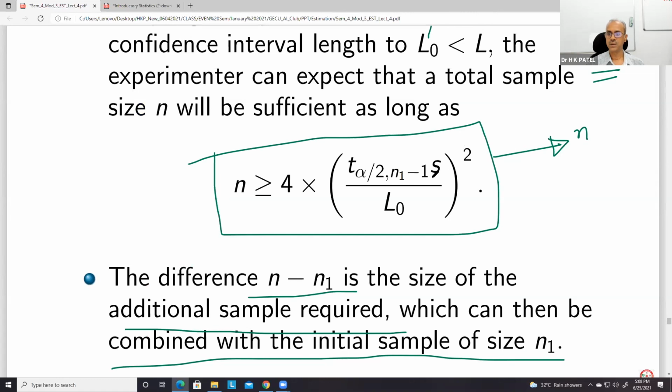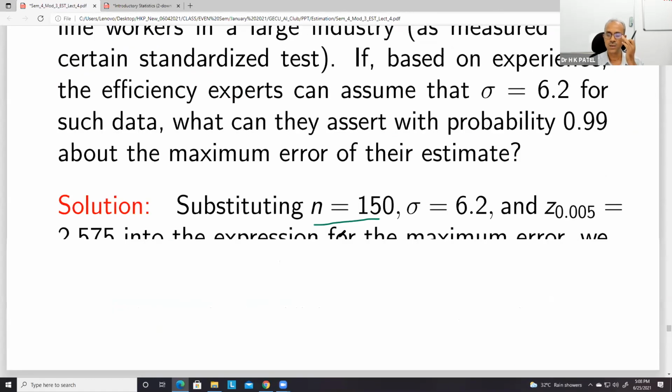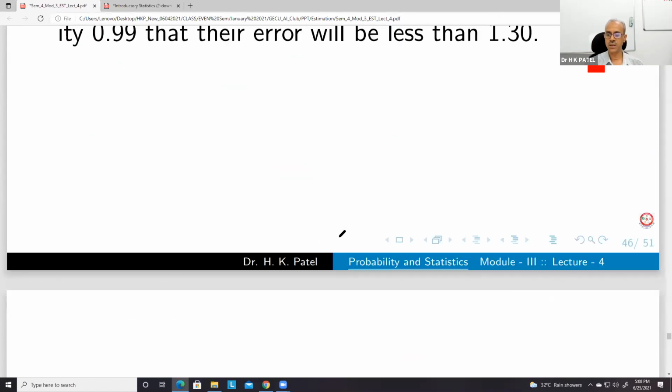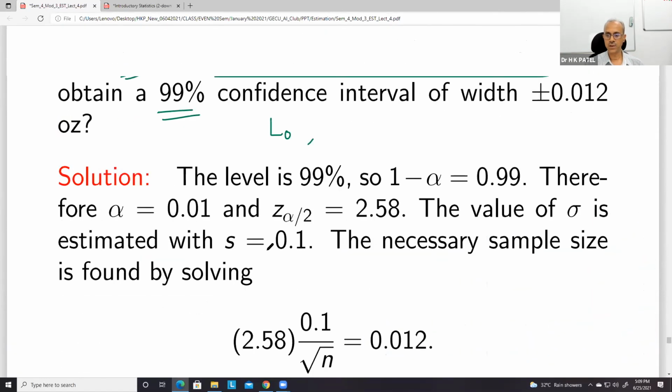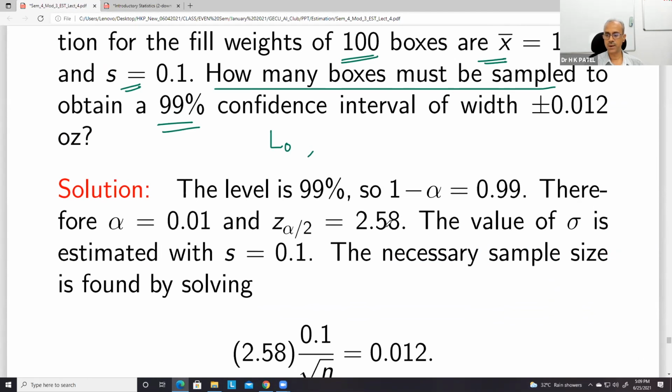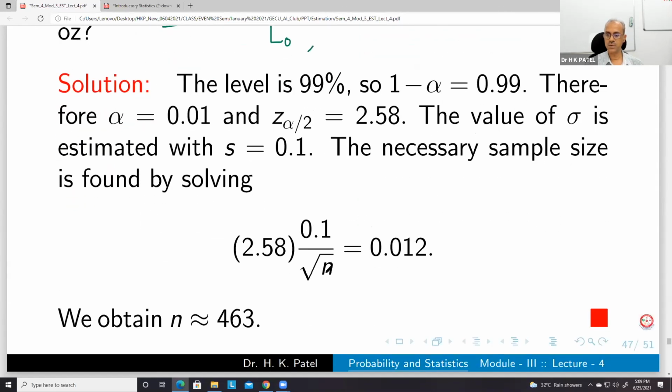So L0 and Z alpha by 2, all these values we can substitute here to find the lower limit of n. You can see that Z alpha by 2 is there, and alpha is there, and the standard deviation is there. And what else is required? No, just the standard deviation and Z alpha by 2.